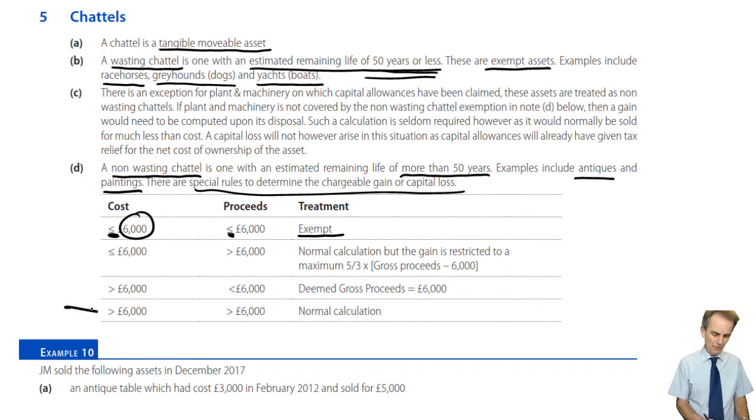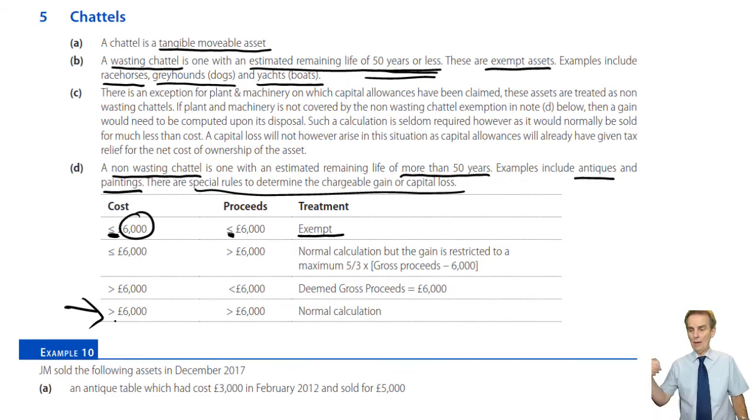If both the figures are above 6,000, I buy for 10, I sell for 15, or as we saw in our very first example, we buy for 15 and sell for 10, then both those numbers being above £6,000, it's a normal calculation, and either a gain, or as in that last example, a loss may arise.